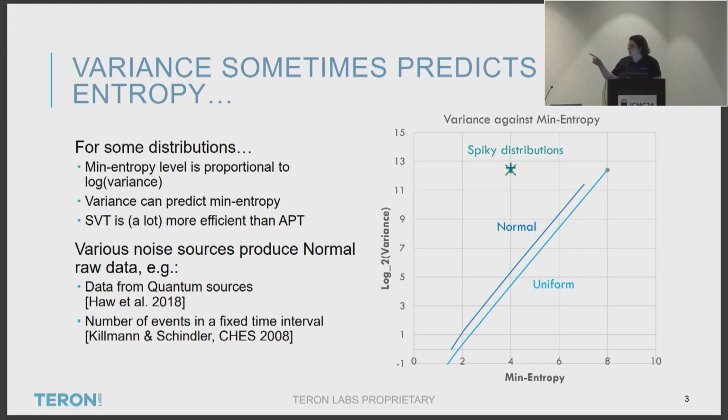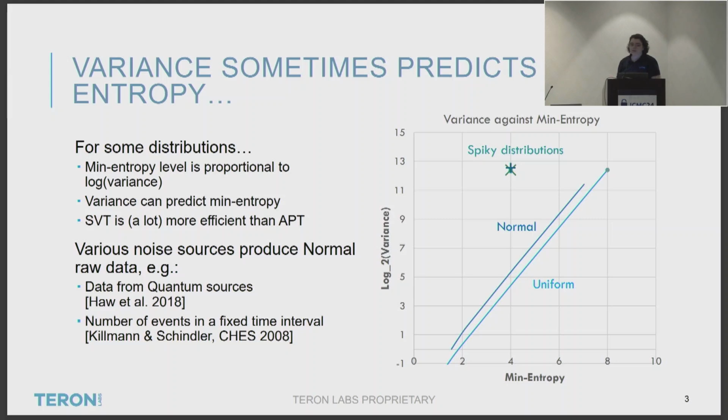You can see up the top in the middle, I have some spiky distributions, which I'll show on the next slide. And you can see that they don't lie on the line. So if your entropy source fails in such a way that the data is now coming from a spiky distribution instead of a normal or a uniform distribution, unfortunately the sample variance test is not going to work particularly well in those cases.